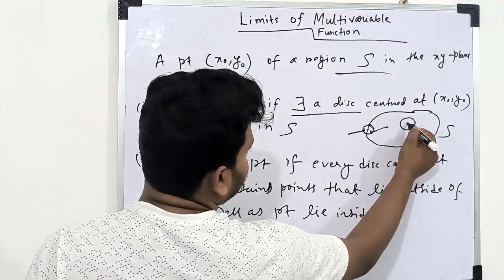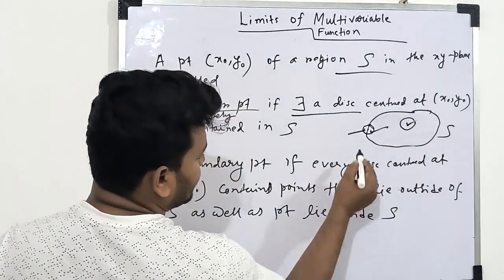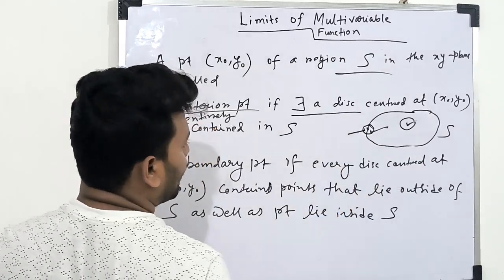So this will be an interior point of the set and this will be a boundary point of the set.